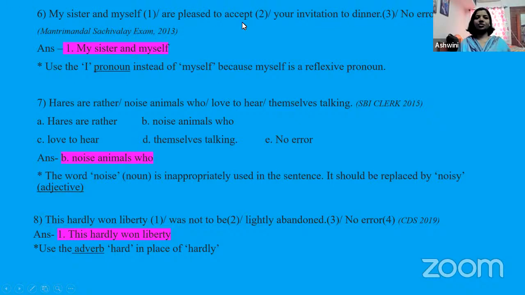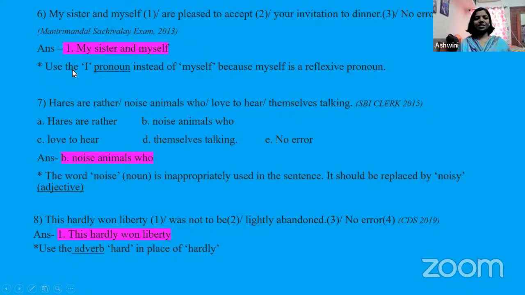No error. 1, 2, 3, 4 sections are there, and 4 parts of the sentence are there, and we can choose the incorrect one. We can identify the error in the part. Okay. Now here, ये question पूछा गया. This question is from मंत्रिमंडल सचिवालय examination. वो हुई थी 2013 में. ये question पूछा गया है. Now here it is all about the pronoun. Okay. Now इसका answer explanation कैसे?